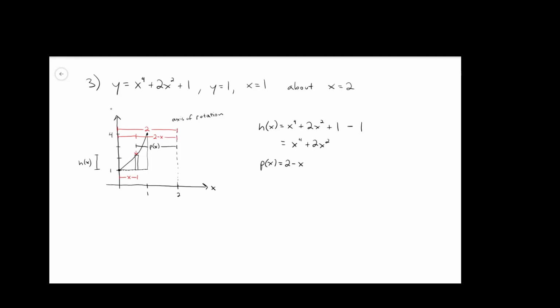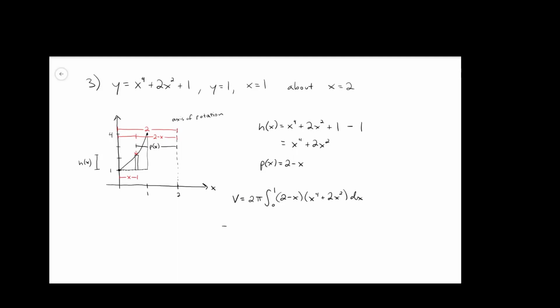And so now we can plug this stuff into the formula. So the volume of the whole thing is going to be 2 pi integral from 0 to 1 of p of x, 2 minus x, times h of x, which is x to the fourth plus 2x squared, dx.